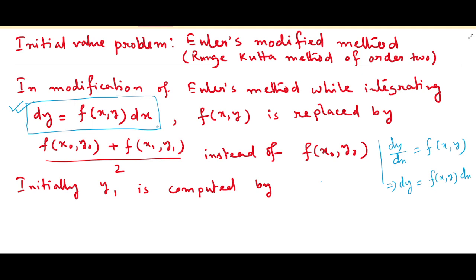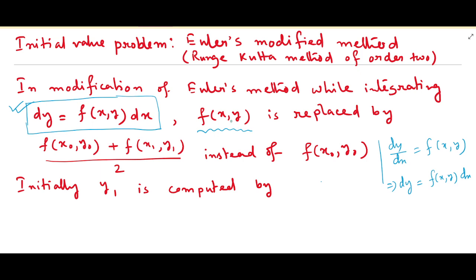If you have already gone through Euler's method, then you'll understand that after this step we have to integrate both sides between the limits y0 to y1 and x0 to x1 to get the first formula for y1. Now, what is the modification?